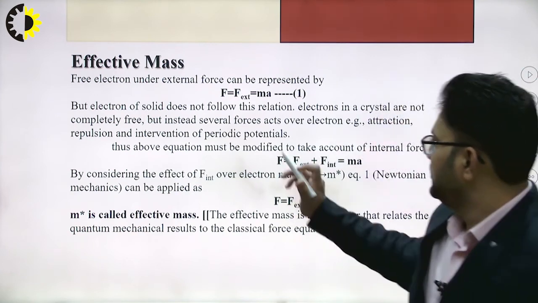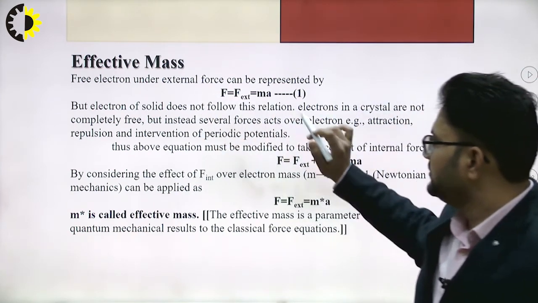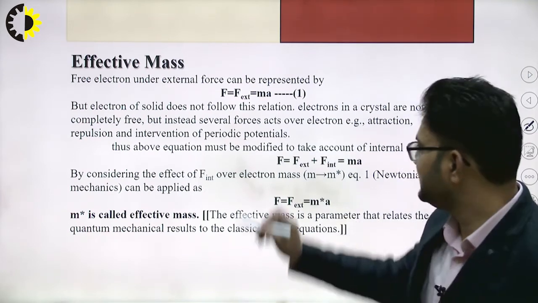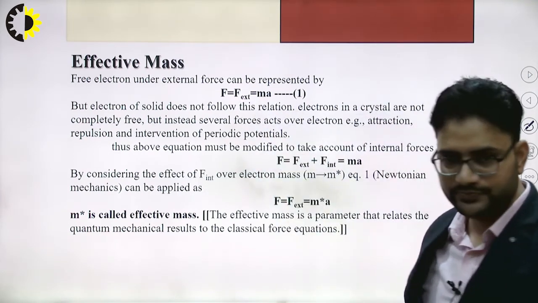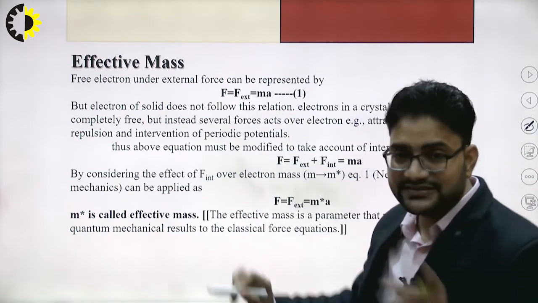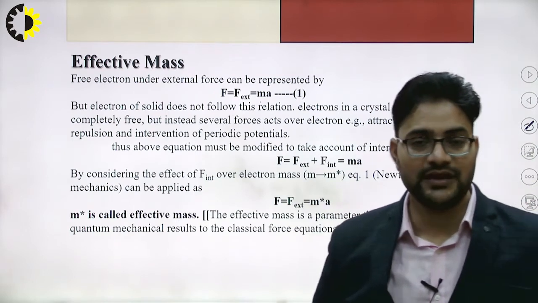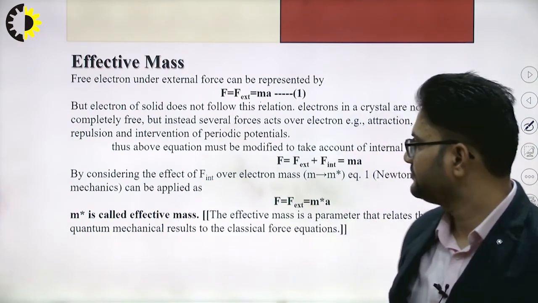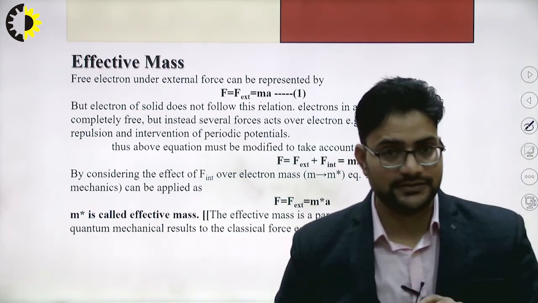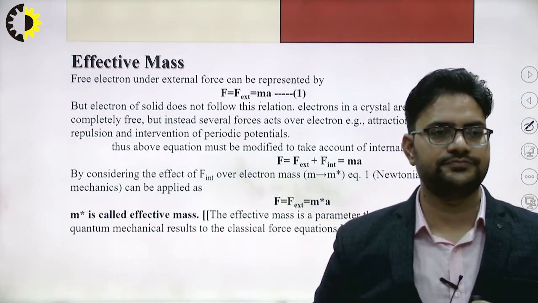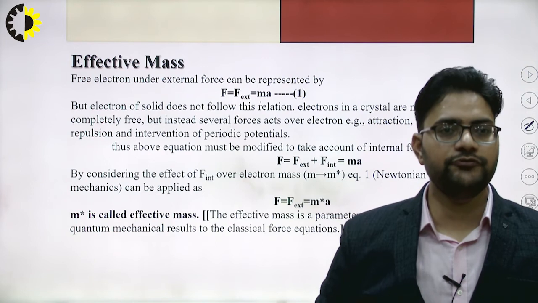If you consider the free electron under an external force, it is represented as F equals m into a, that is, mass of the electron into acceleration. But the main problem is that an electron in a solid will not follow this relation.